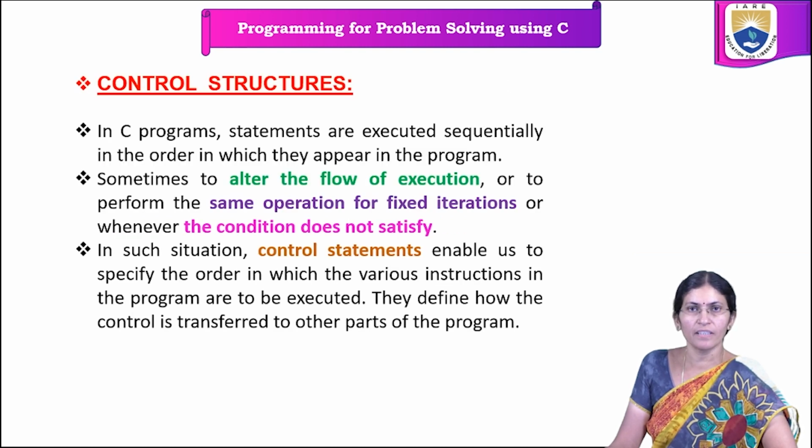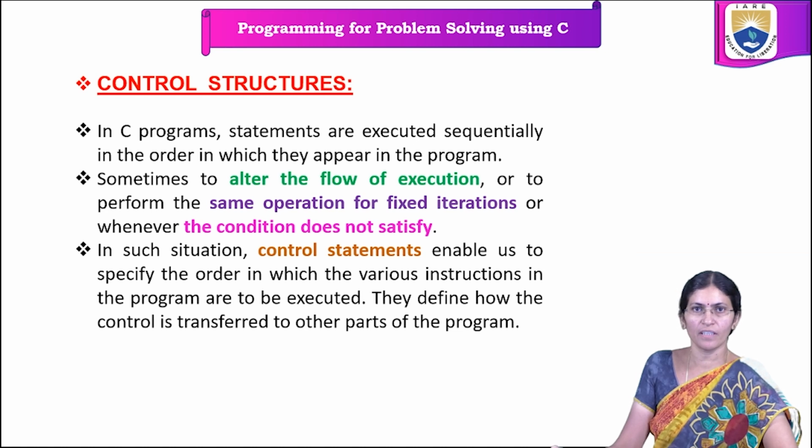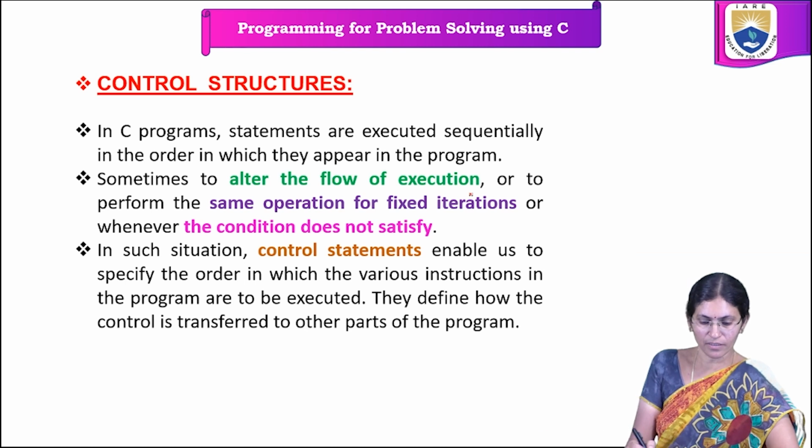So first let us see what is the need and necessity of control structures. Generally in a C program we write a set of instructions, or a set of statements. The order of execution of these statements is sequential. But sometimes in the program there are different requirements.